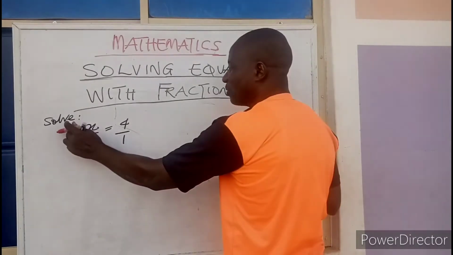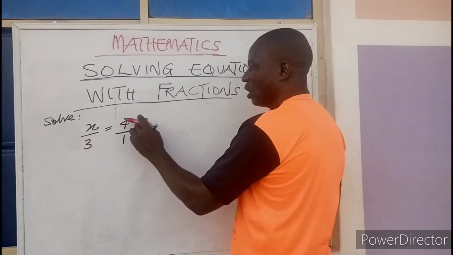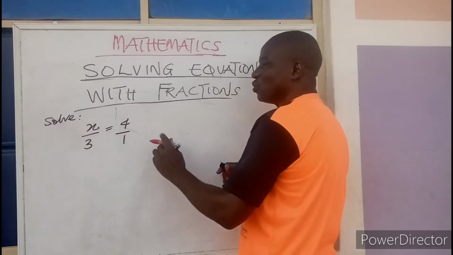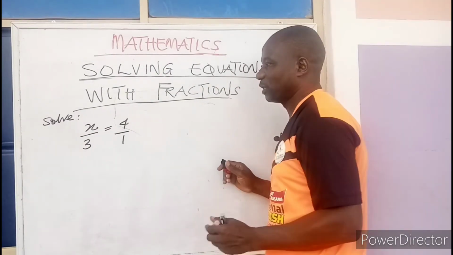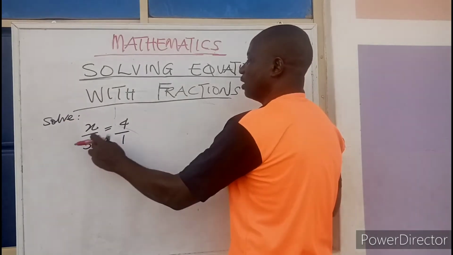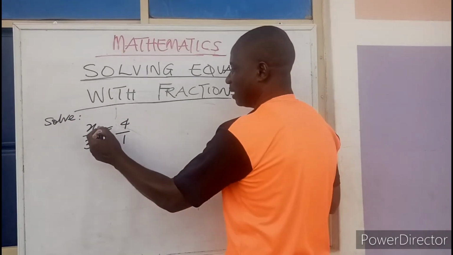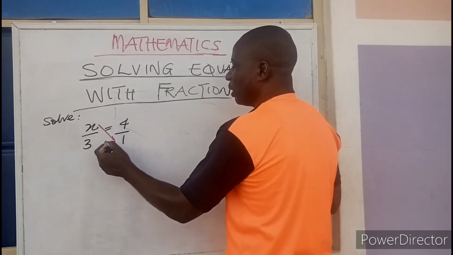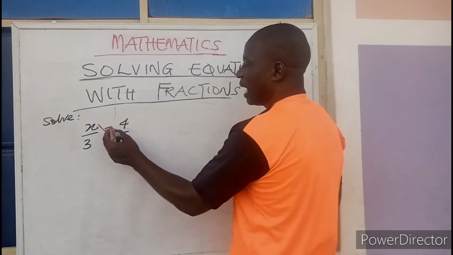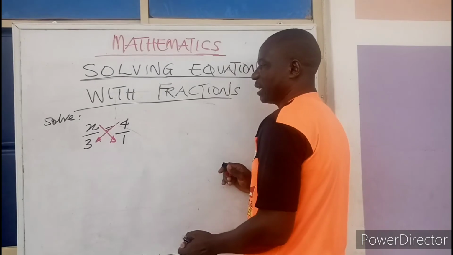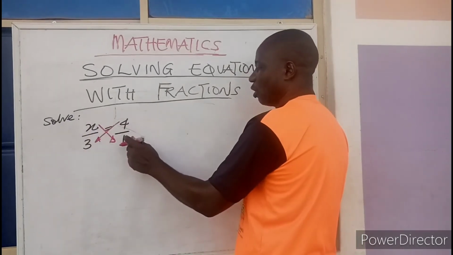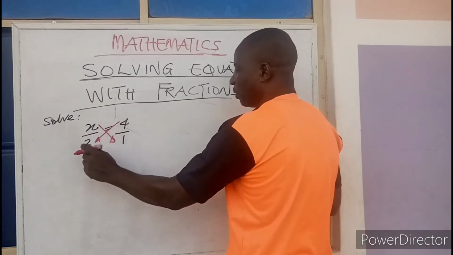So since one house versus one house, I can cross multiply. But if I'm having two houses and I'm having a house, or 3 houses, 2 houses, you cannot cross multiply. You have to solve first before you cross multiply. But since it's 1 to 1, I can cross multiply. So it means numerator goes to denominator, and the numerator here goes to denominator here. That is top for bottom, top for bottom.